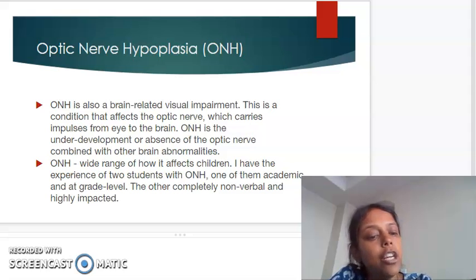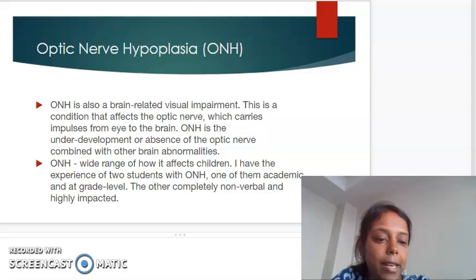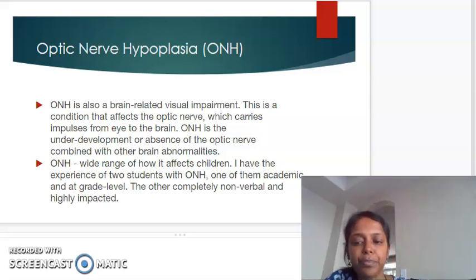I had 2 students with ONH, both diagnosed with ONH, but one of them completely academic and at grade level and is in college right now, and the other completely nonverbal and highly impacted. I just find it very interesting that the same diagnosis gives results this drastic between 2 students.